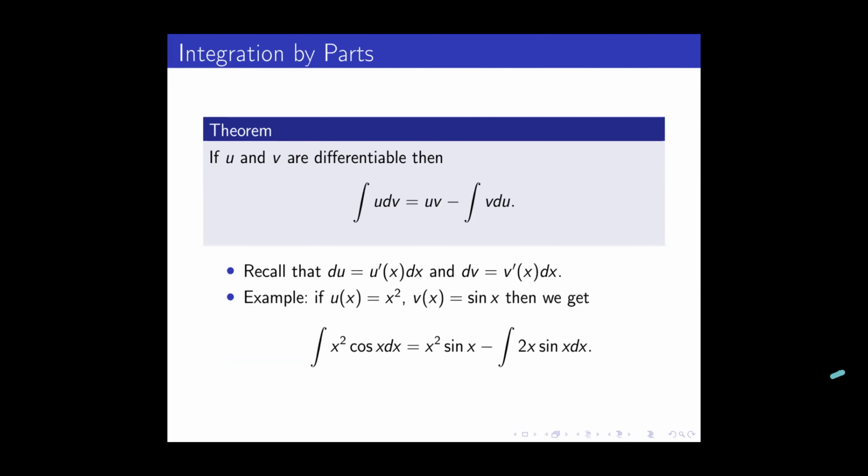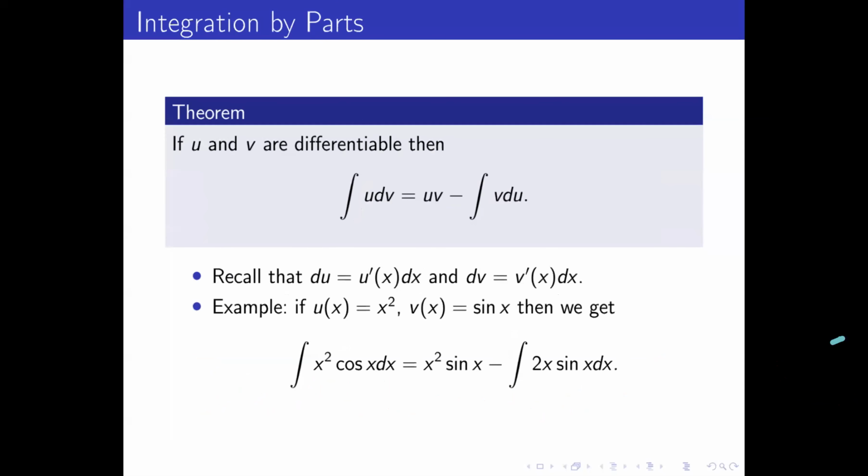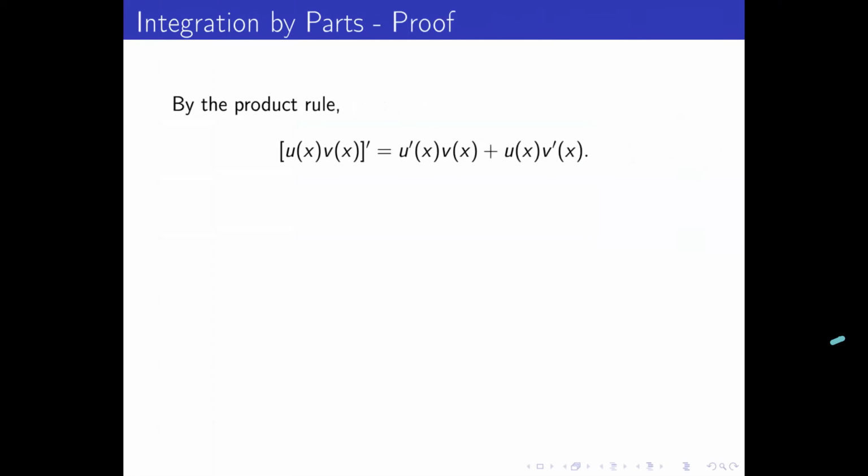Now the proof is pretty easy actually, but this is really a very important technique of integration, by far the most important actually, together with substitution. And the proof is simply by the product rule.